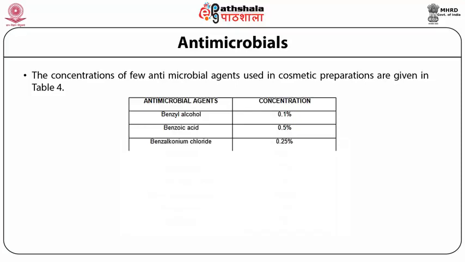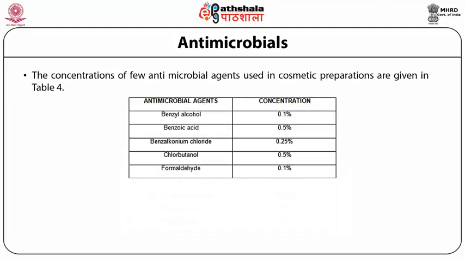Benzalkonium chloride is used as an antimicrobial in the concentration 0.25%. Chlorbutanol in the concentration 0.5% is used as an antimicrobial. Formaldehyde in the concentration 0.1% is used as an antimicrobial agent.